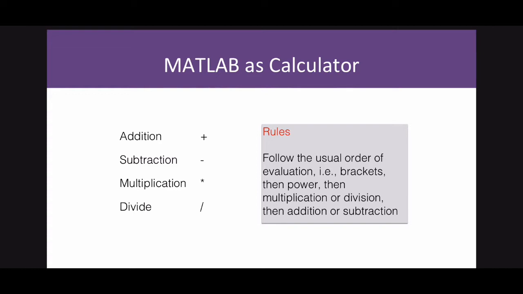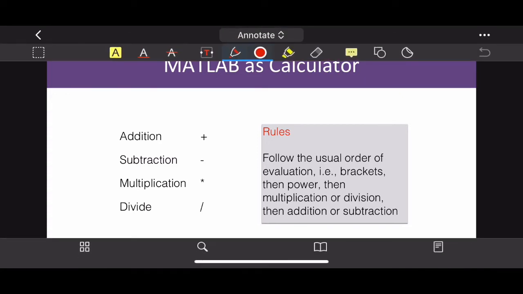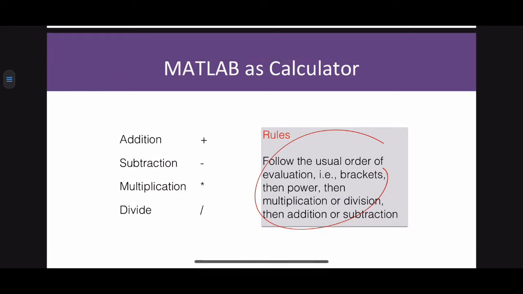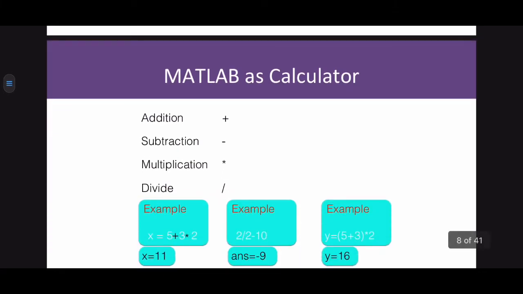There is also a rule that says to follow the usual evaluation using brackets. If you remember your mathematics, whenever you have brackets, that's the one you need to calculate first. Let's see our example.